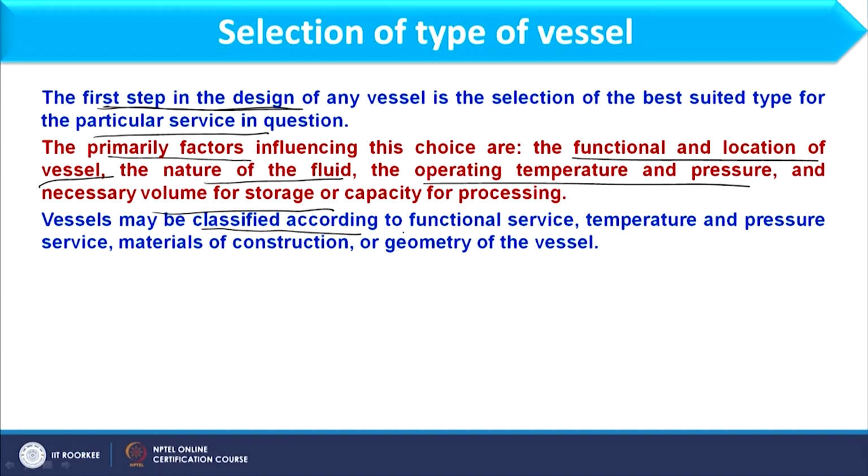Okay. So, vessels may be classified according to the functional service, which we have already discussed, temperature and pressure, service, material of construction, yes, this is an important point, and geometry of the vessel. Okay. So, the main classification will be based on geometry of the vessel, so that all other conditions should be fulfilled.